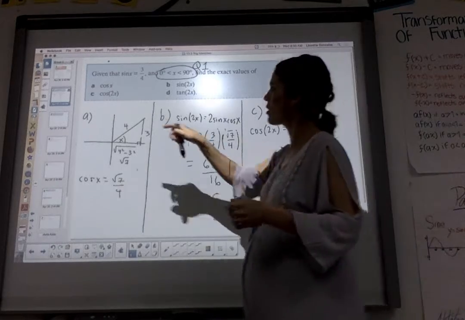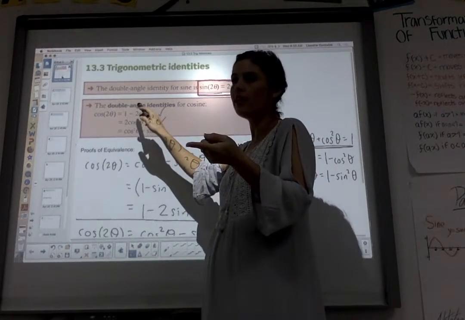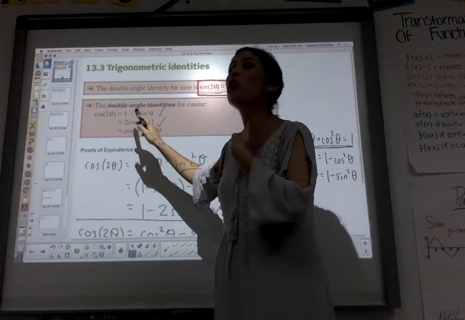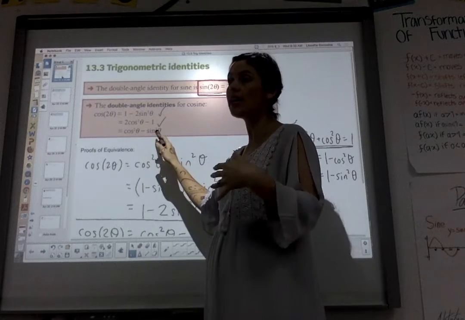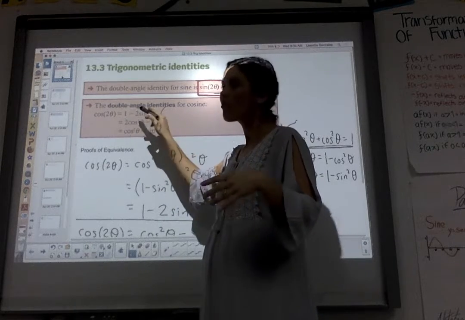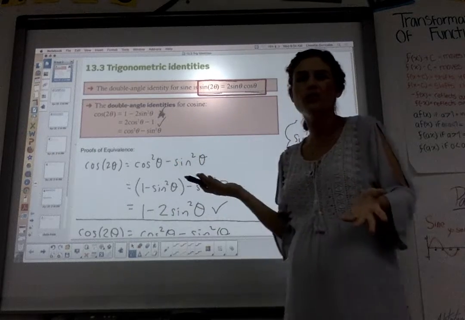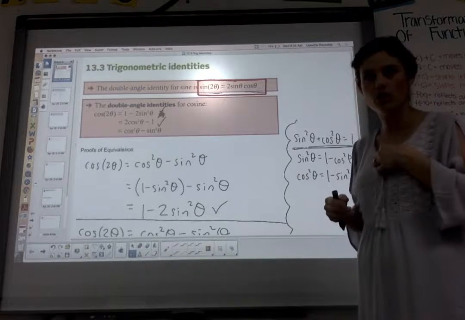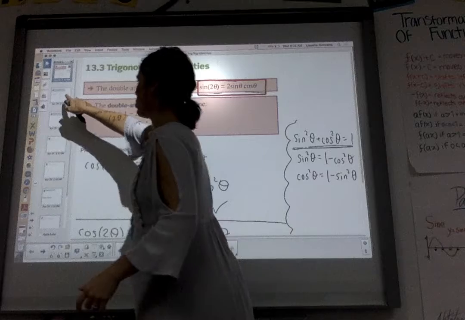Like 2 cosine squared minus 1, this one only has cosine, which we calculated. This one only has sine. And this one has cosine and sine. So I say the first one, because if we got it wrong, it's better. I would go with the first one, even though technically you could use any of the 3, right? But just in case our calculation for cosine x was wrong, we don't want to compound the problem.